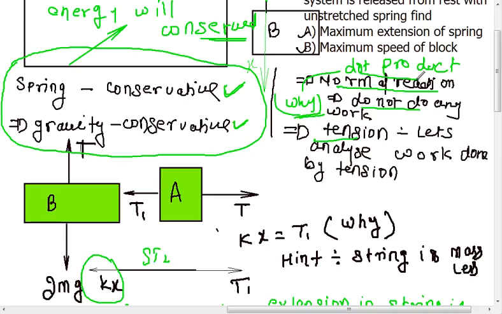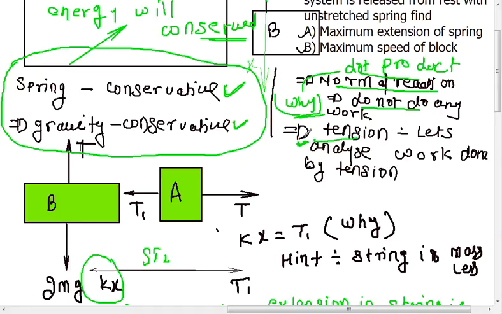Second, tension is present here, so we have to determine whether tension is doing work or not. I explained to you that tension is not doing any work, and in the question it is given that friction is absent, so work done by friction is 0. So who is doing work?